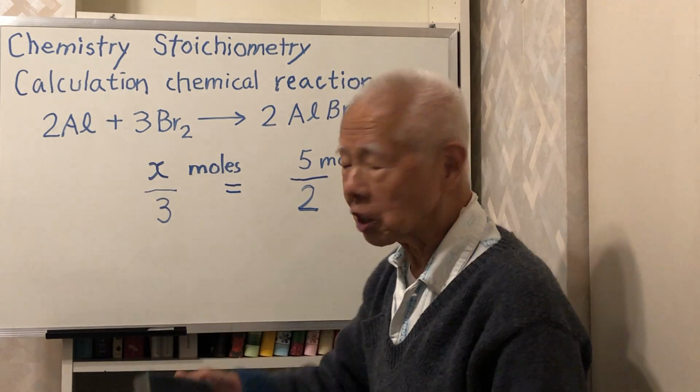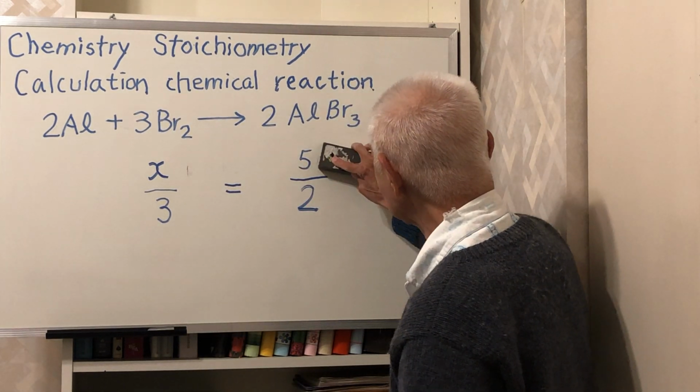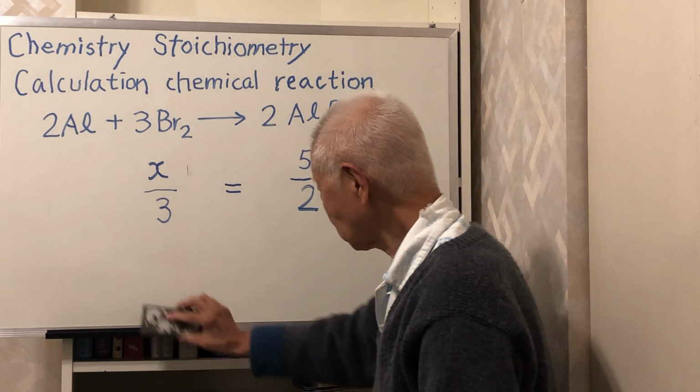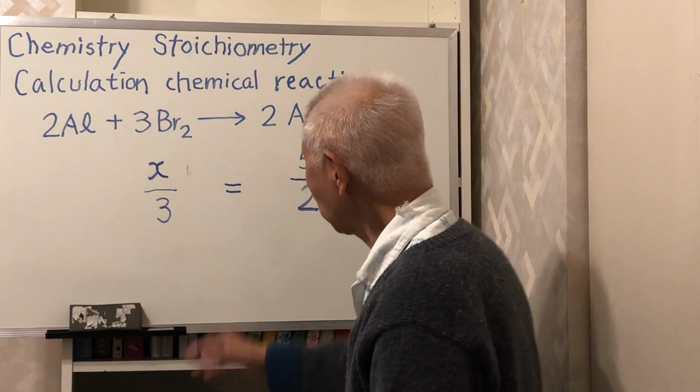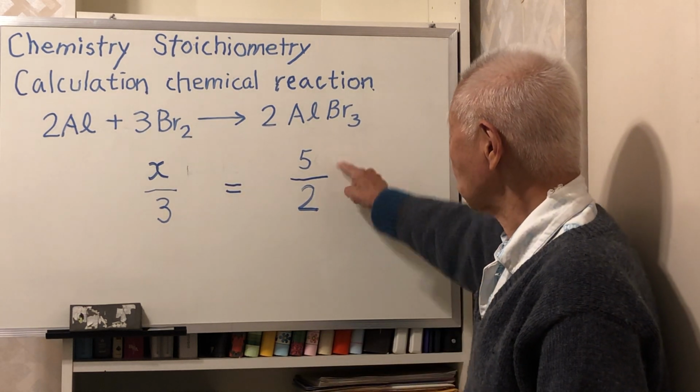Okay, let's erase the moles and mole. Now we have an equation. X over 3 is equal to 5 over 2.